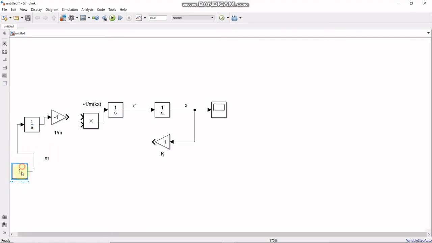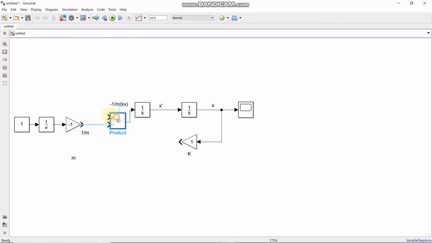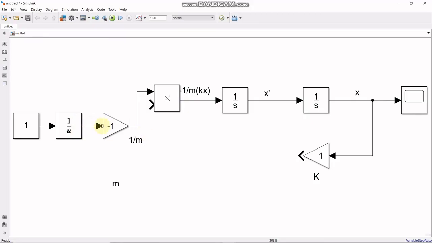So bring this a bit to put this block here. Okay, put this one backward. So what I'll have here is my 1 over m, and what will be here will be my m here.